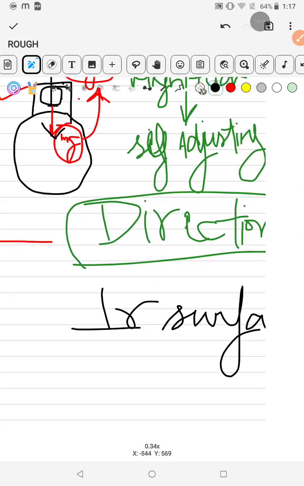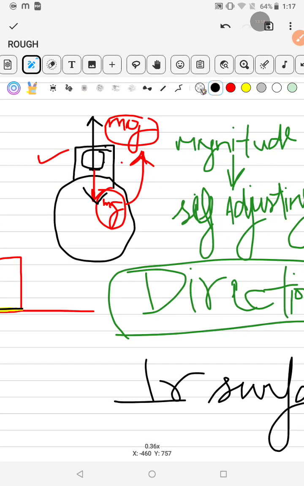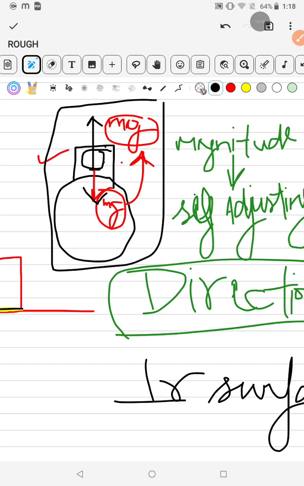This is what we want, because if things did not apply normal on each other, the objects would sink. We don't want that, obviously. Do you want to sink when you walk? Obviously not, right? So that's why we are able to walk, because of normal. Actually, because of friction, we will be learning it in further lectures maybe.